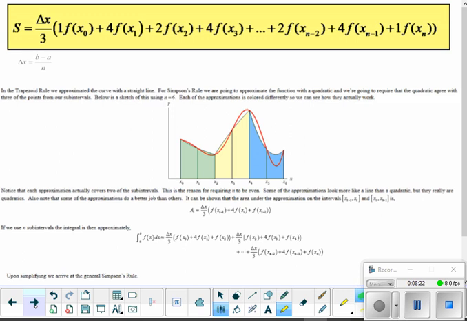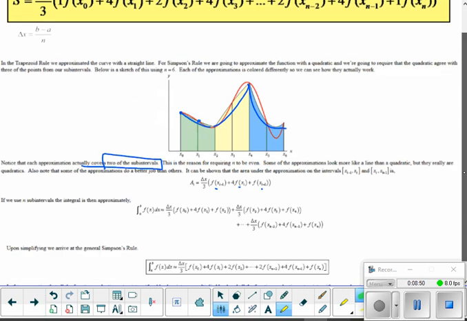Notice that each approximation actually covers 2 of the subintervals, and then we get this 1, 4, 1 calculation going on here. So it's utilizing 3 points in its calculation, which creates this parabola. That's probably a little extreme, isn't it? It probably would go something like that. But yeah, parabolas will be more accurate.